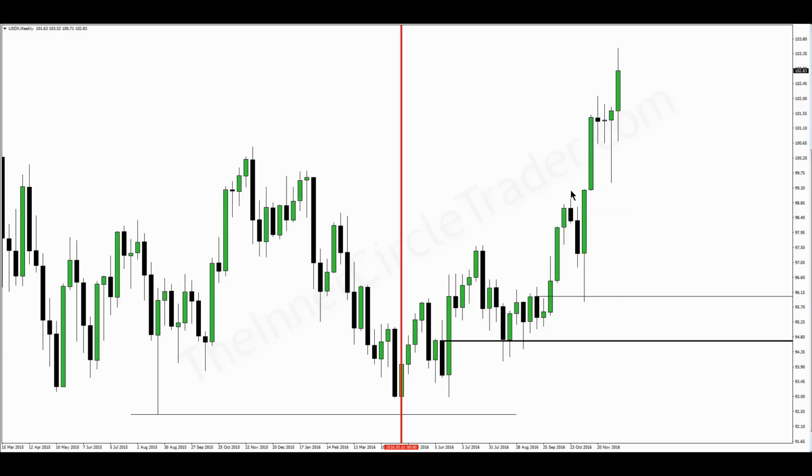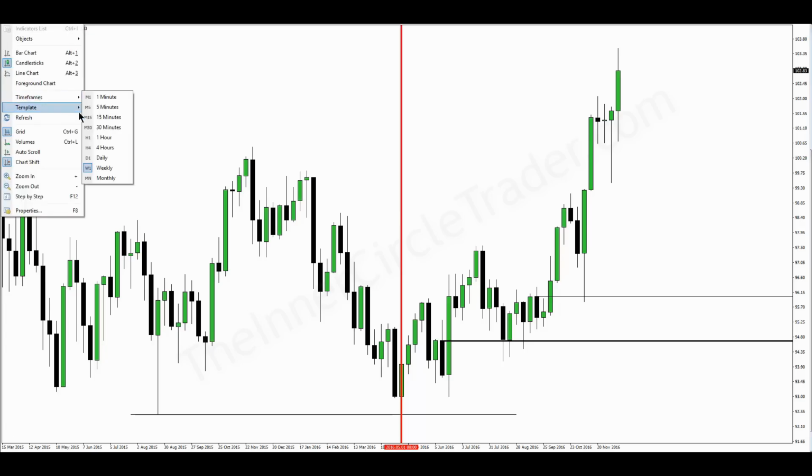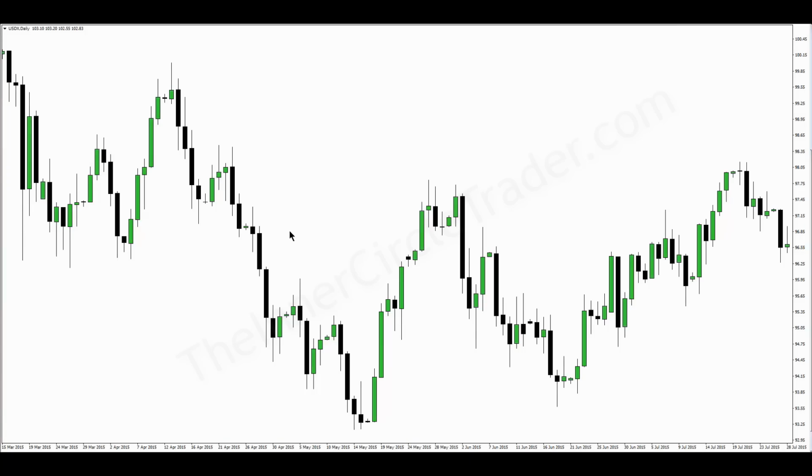And then you're going to look for an expansion to continue to take out this high here and this high here for what? External range liquidity. What's going to be above these highs? Buy stops. So you're going to be looking to sell to those participants that would have an interest in buying above these highs. Refining it further into a daily time frame, you can see all these levels get much more refined.